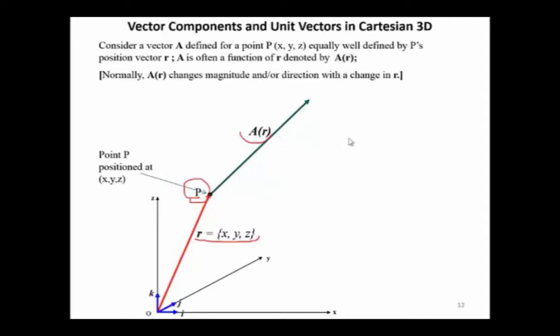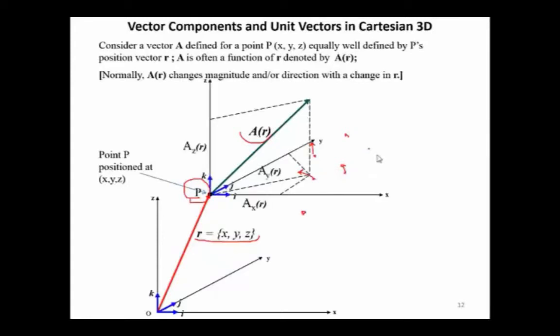So if you had a bunch of points in space, and you had some vector which is a function of those positions, here's the origin right here, say, then you'd have A going off in various directions depending on what it represents. And these A's would depend on the position from where they start. And that's the beginning of a description of a vector field. So in terms of defining A, you can still talk about their components, where you realize that each component is a function of the position.